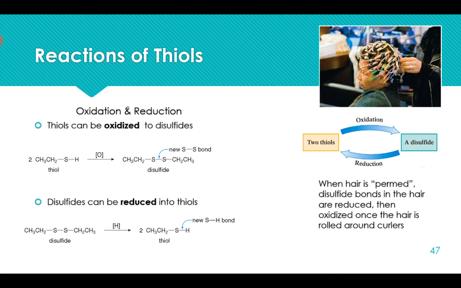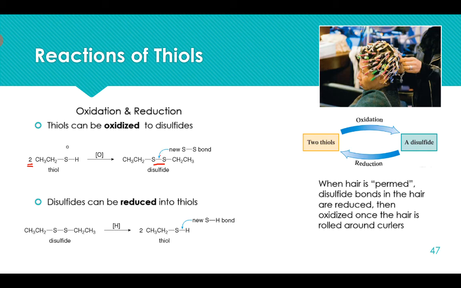When we do oxidation and reduction of thiols, they do something interesting. Thiols can form bonds to other thiol groups. So you'll see here that you originally had two of these, and now they're joined by this sulfur. This is known as the disulfide.